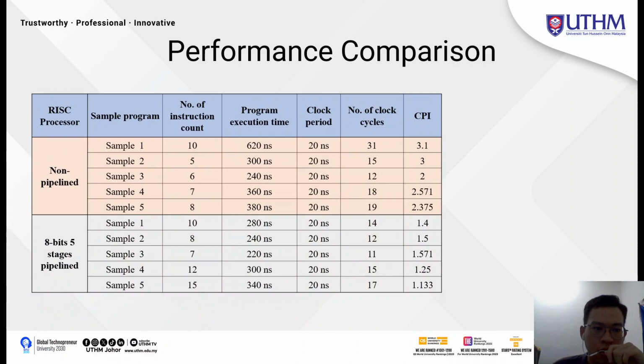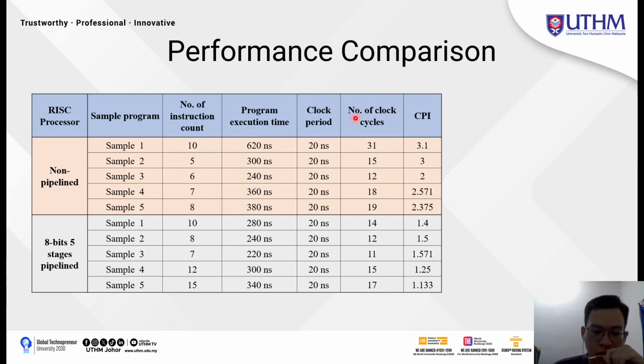Here, as you can see, I've listed all of the parameters for the performance comparison: the total number of instructions of the sample program, the total instruction execution time, the clock period, which I already initialized in the testbench as 20 nanoseconds, the total number of clock cycles needed to execute all of the instructions, and the CPI, which is the cycles per instruction. All of these parameters are listed.